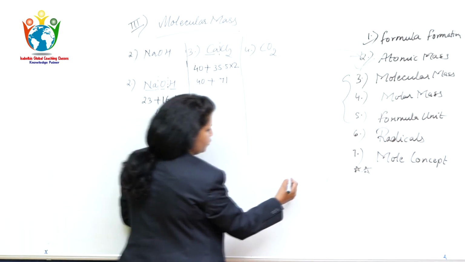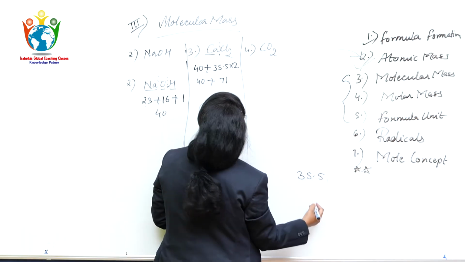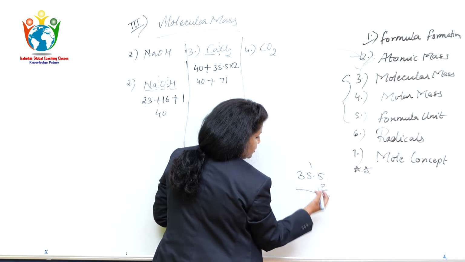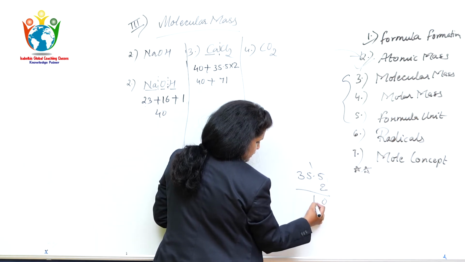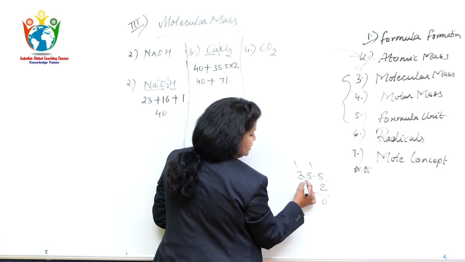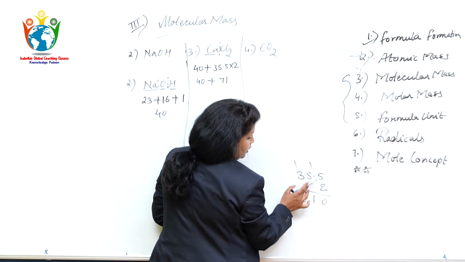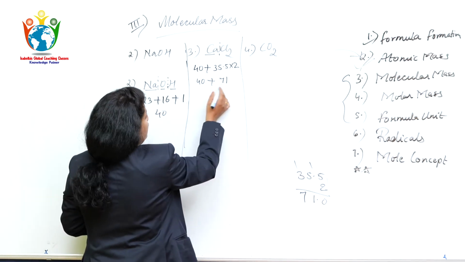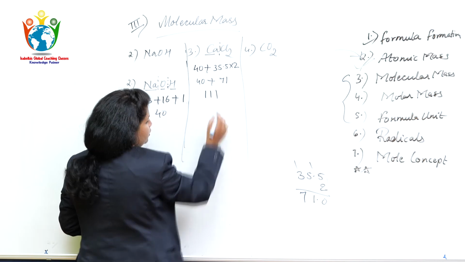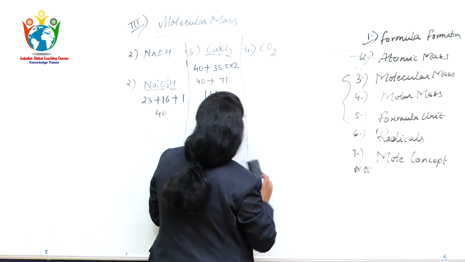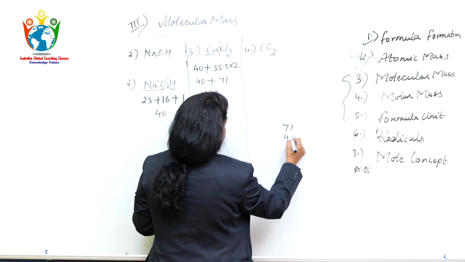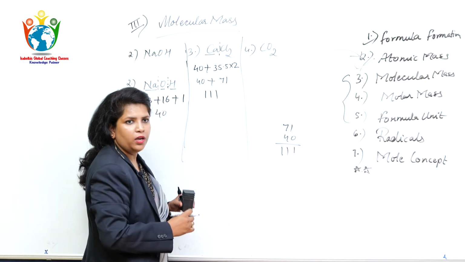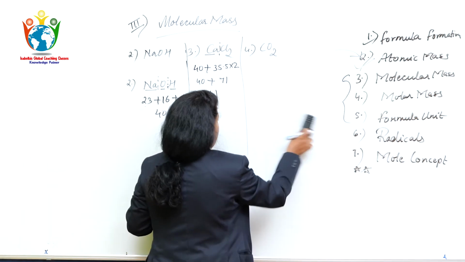If you want to check: 2 fives are 10, carry 1. 2 fives are 10, 10 plus 1, 11, carry 1. 2 threes are 6, 6 plus 1, 7. Put the decimal here, that is 71. So adding both you get 111. Okay, 71 plus 40, 7 plus 4 is 11, so 111. Fine.